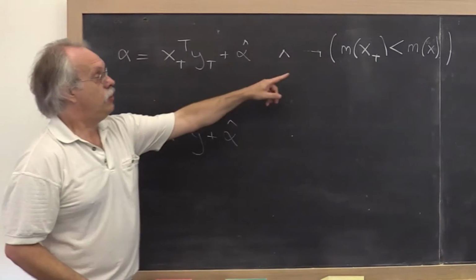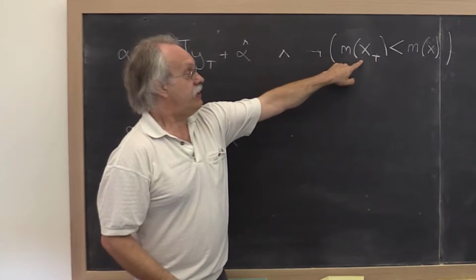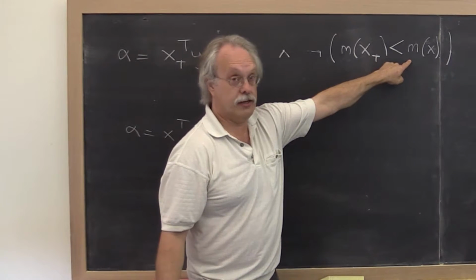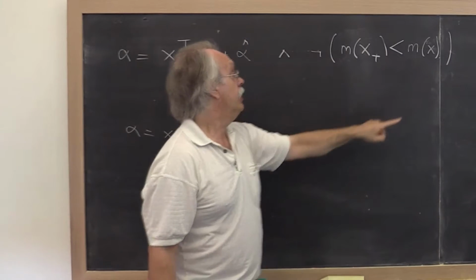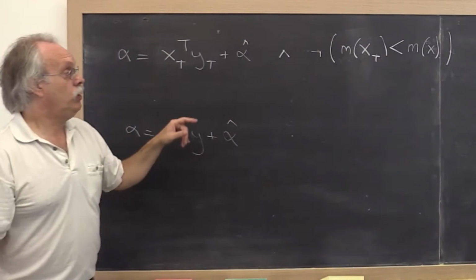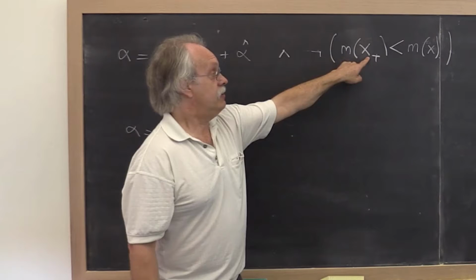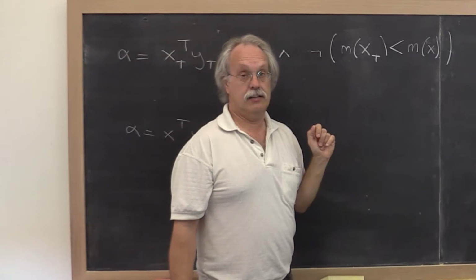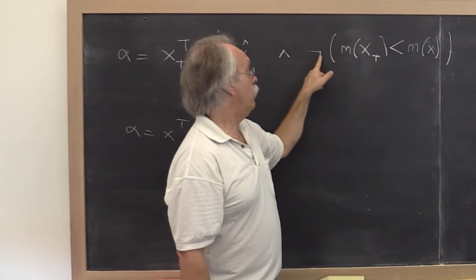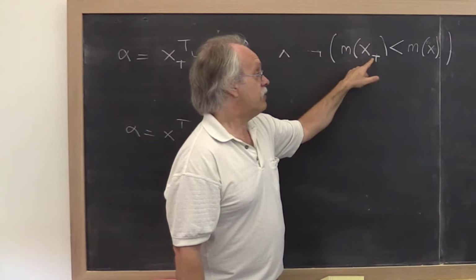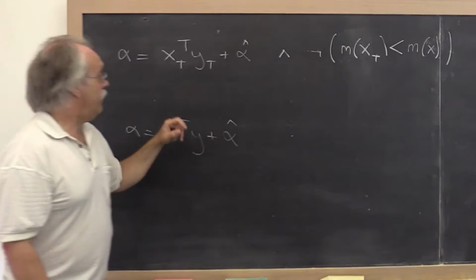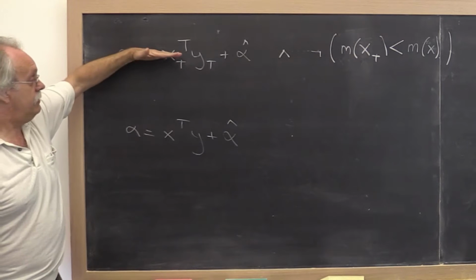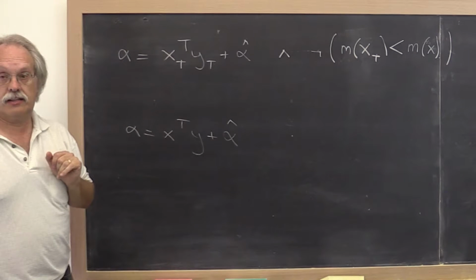Let's think about this. When the size of x top is no longer less than the size of x, it's greater than or equal to that. Implicit in everything that we do is that x top is a subvector of x, so certainly its size cannot be greater than the size of x, and therefore we conclude that when this becomes false, the size of x top is the size of x, and then the size of y top is the same as the size of x top, and then this expression becomes exactly that expression.